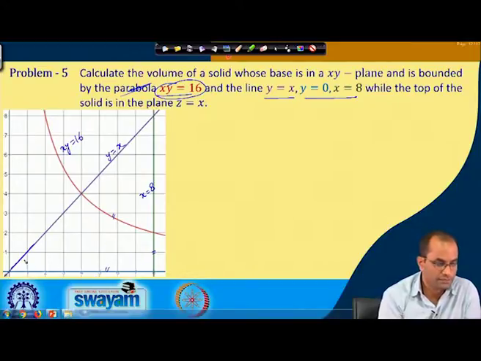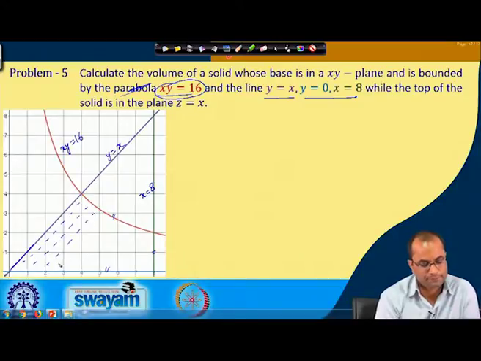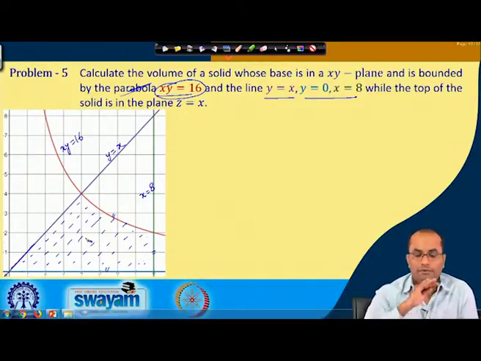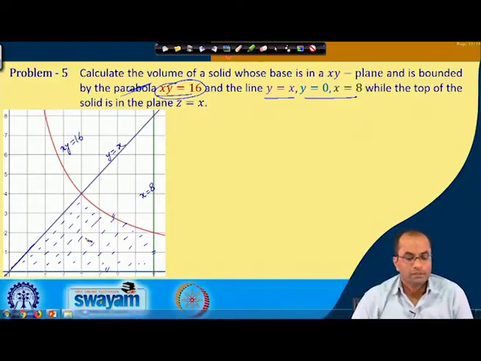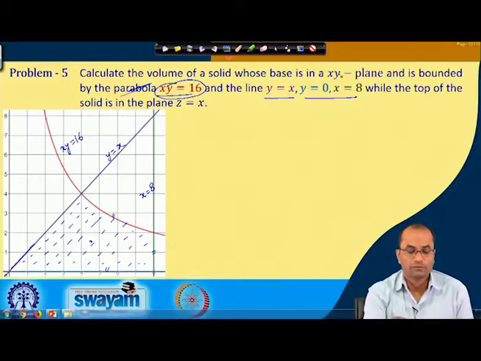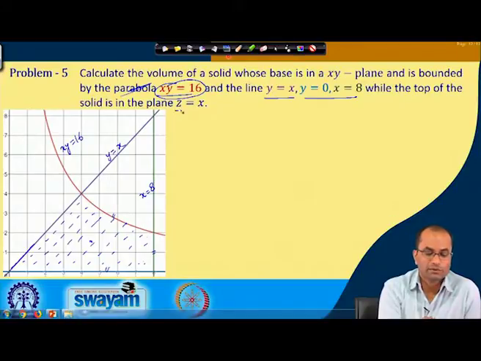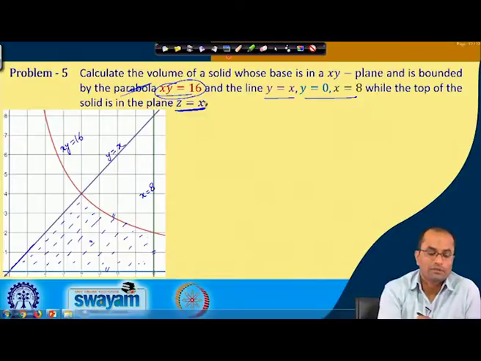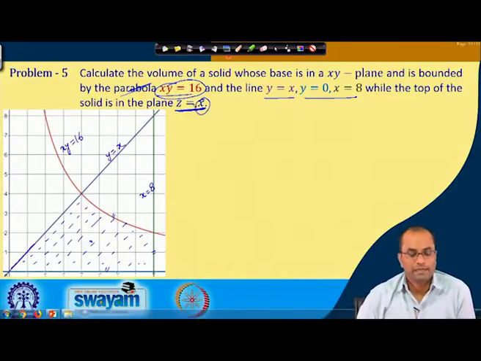Enclosed by these we have precisely this region here, and now we will compute the volume of the solid which is above this region, whose base is this, and below the plane z equals x. So, this is the surface z equals x, and our integrand is going to be x.